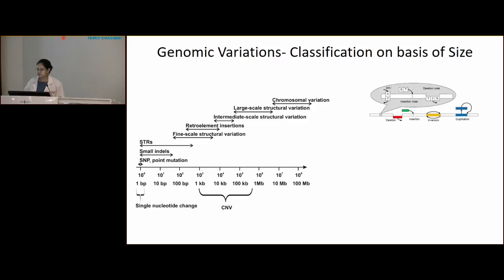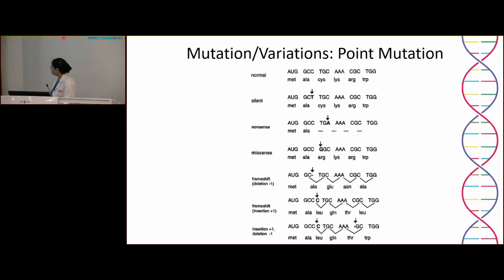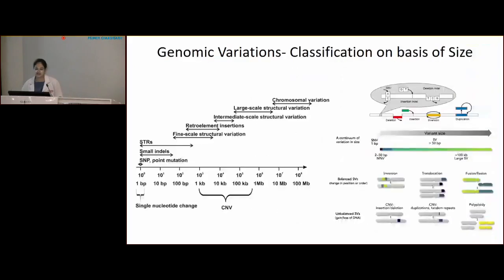This is the pictorial representation of different types of mutations or variations. So, for example, deletions, insertion, inversion, duplication. And here is the description of structural variations, which could be balanced, unbalanced, translocation, fusion, fission, etc.